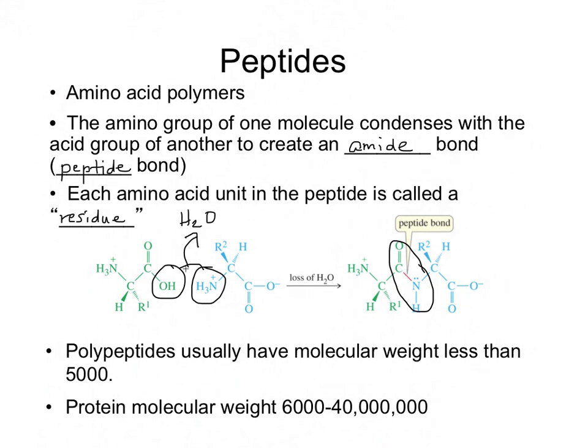When you're talking about peptides, polypeptides, they have molecular weights less than 5,000. That's kind of small. But on our scale, that's pretty big. But peptides, generally, that's cut off about 5,000. When you get bigger, then you're talking about a protein. Proteins are huge.